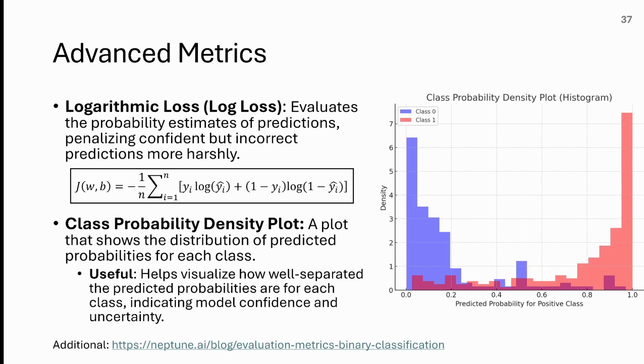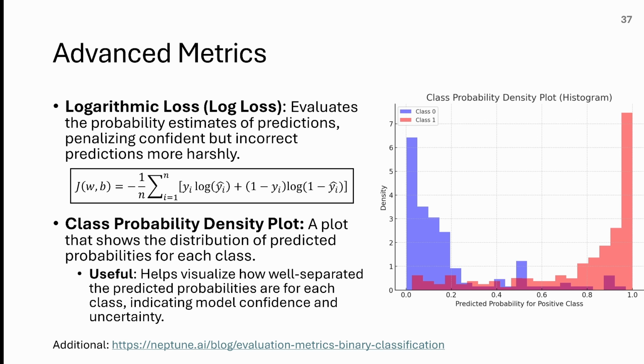On this slide, we are focusing on two advanced metrics used for evaluating classification models, log loss and the class probability density plot. Logarithmic loss, or log loss, measures the accuracy of the model's probability predictions, penalizing it more for confident but incorrect predictions. This is particularly important in cases where probabilities themselves are crucial, such as medical diagnosis or risk assessment.